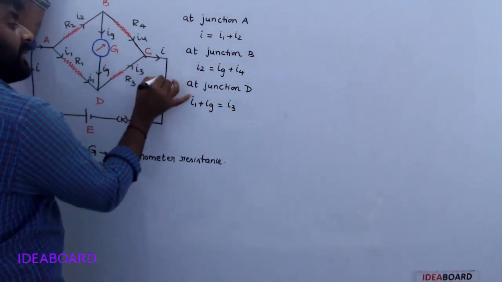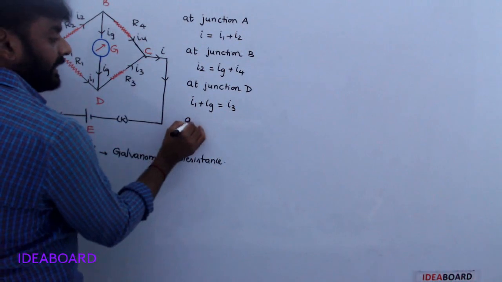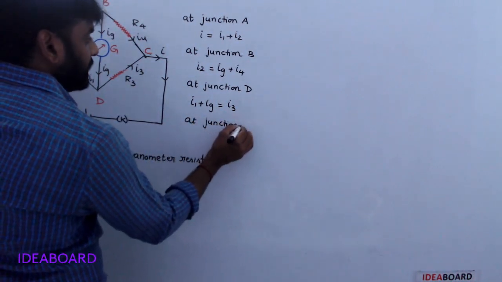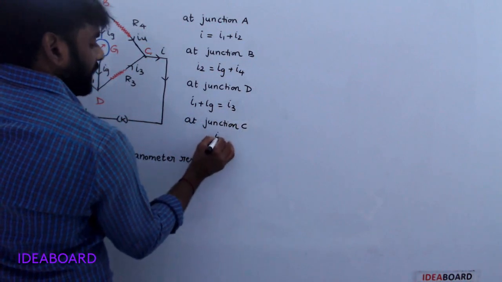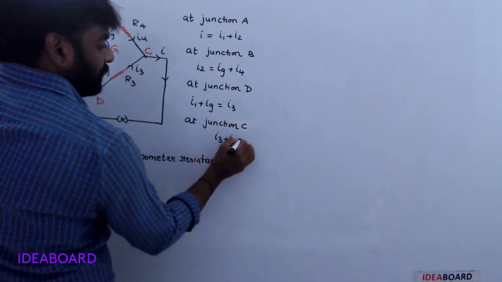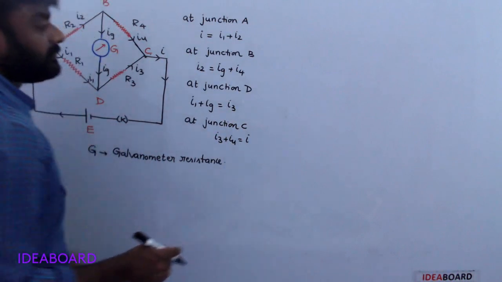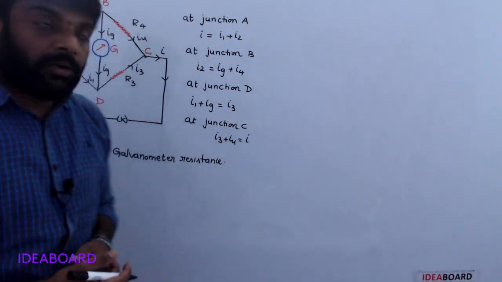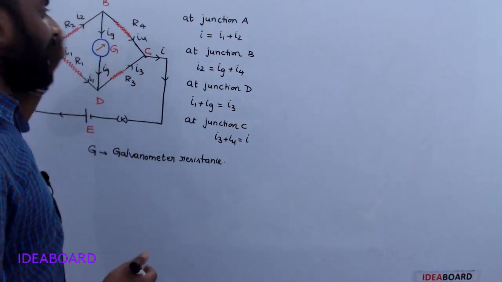Again at junction C, I3 plus I4 is equal to I. Understood?